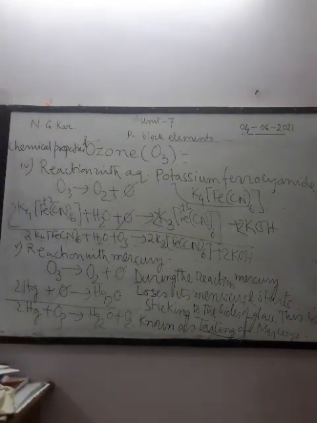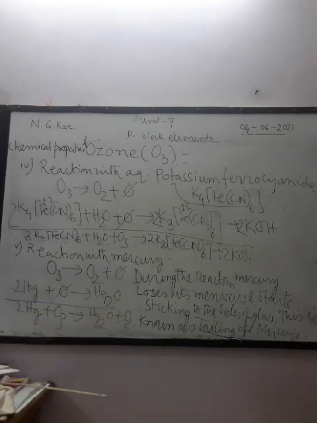So when mercury is allowed to react with ozone, ozone like in other reactions decomposes to O2 and O, and atomic oxygen reacts with mercury forming mercurous oxide. So this is the overall reaction.